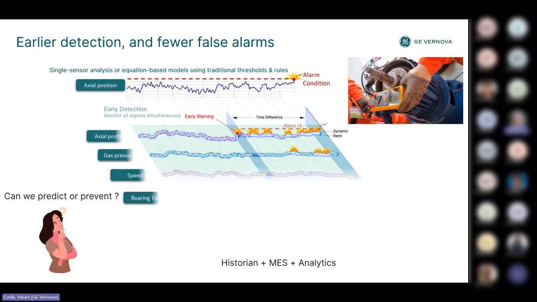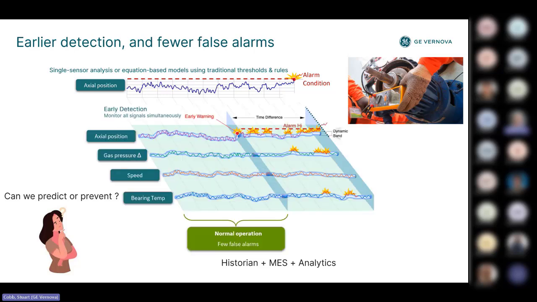So what we want to be able to do is use advanced machine learning analytics to look at the data, not just for single variables like this axial position, but across an array of variables, and then build a model.